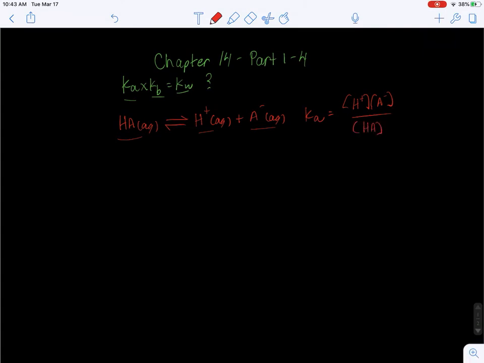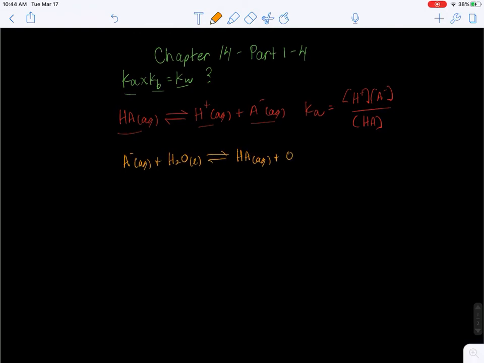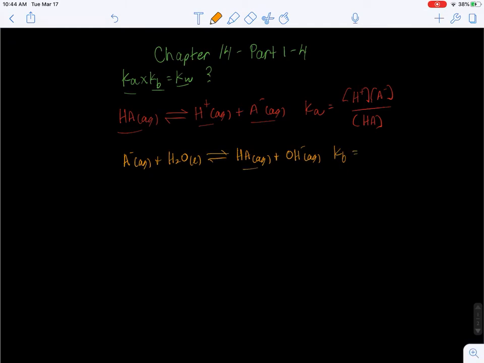Okay, and for Kb, we know that if we have a base, it can react with water to produce the conjugate acid, and it can produce hydroxide ion. And the Kb value is products over reactants, but not the water because it's liquid.